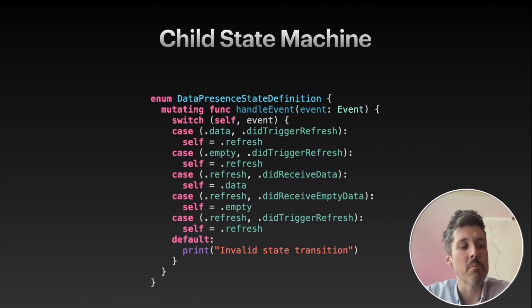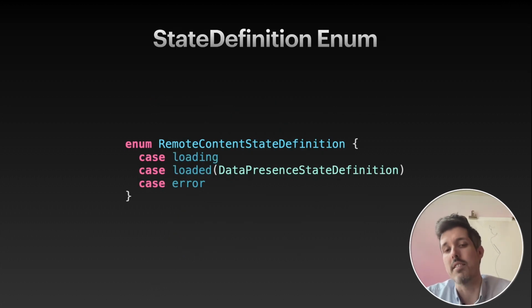Now, in our remote content state definition enum, we can remove the empty state. And instead of data, let's call the state loaded. And it's going to have an associated value. Its associated value is going to be the state of the sub-state machine.